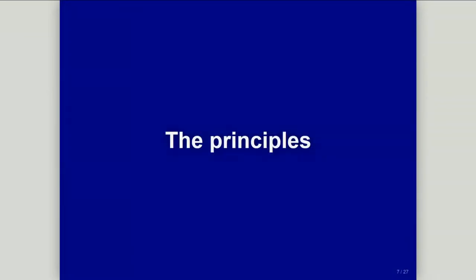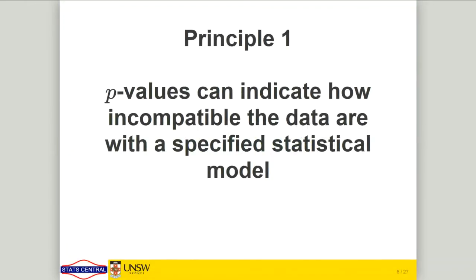So the ASA statement contains 6 principles for the proper use and interpretation of p-values, and I'm just going to go through each one of them briefly and explain each one. Principle 1 says that p-values can indicate how incompatible the data are with a specified statistical model. So firstly, I want to emphasize incompatible. They're measuring incompatibility, not compatibility.